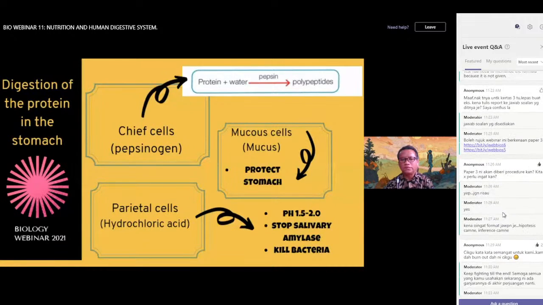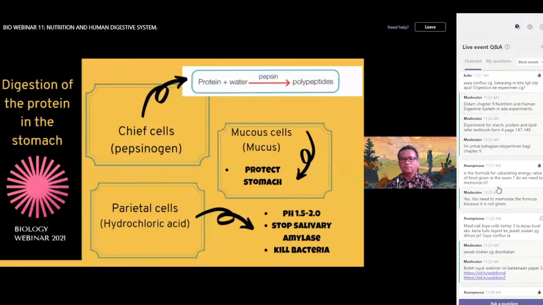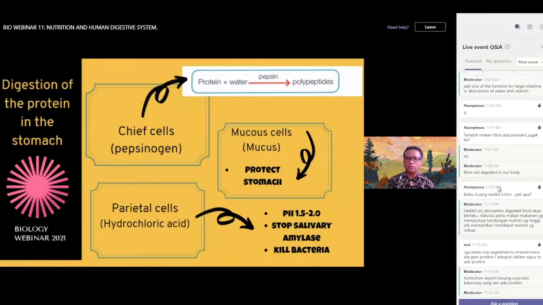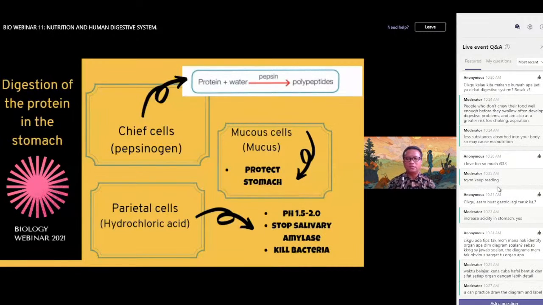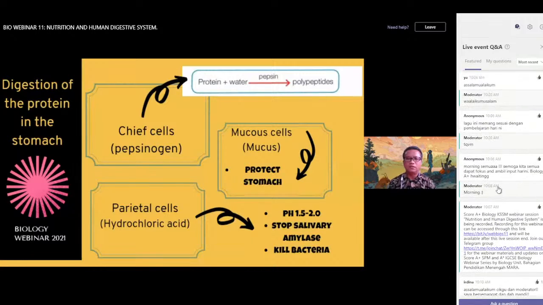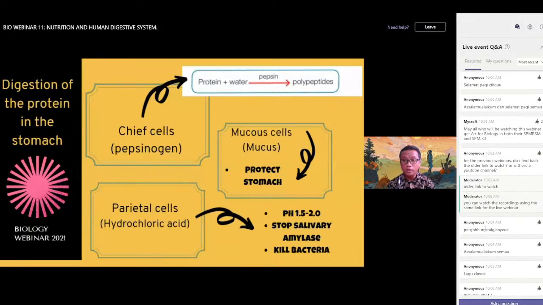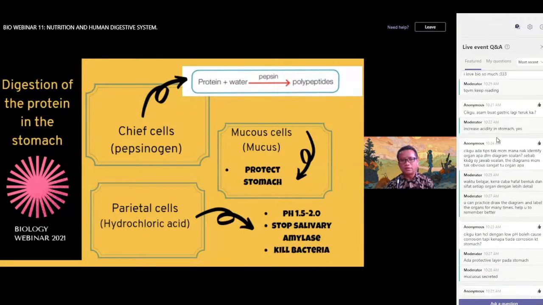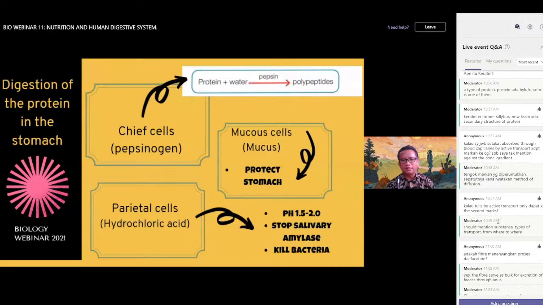So in other words, at the stomach the protein is not completely digested yet. It just turned into a simpler molecule, the polypeptide. And the mucus cell's function is to protect the stomach. And lastly, the parietal cell.